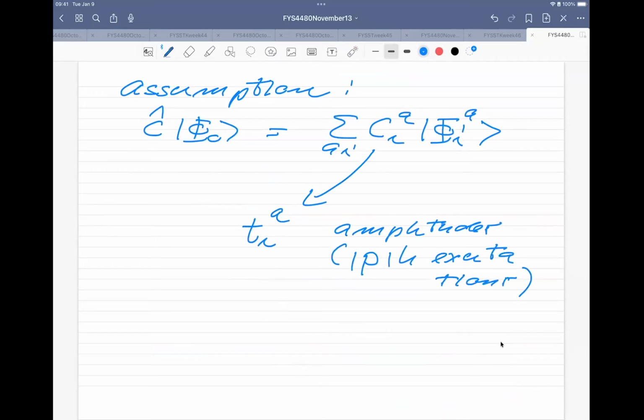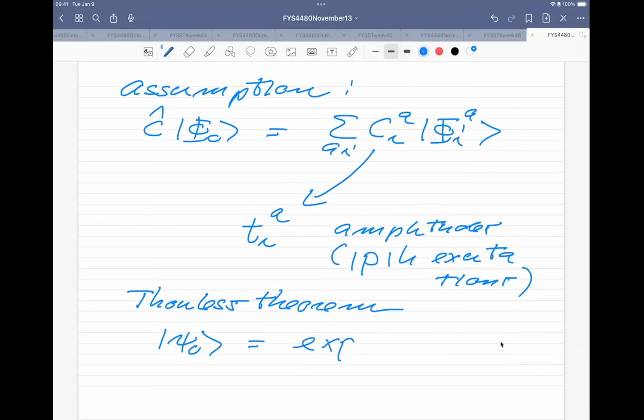So these amplitudes, what I can do now, if I bring back Fowler's theorem, and you remember that I can express a general Slater determinant. So let's say psi 0. That could be expressed as the exponential, and then I have a sum over ai.